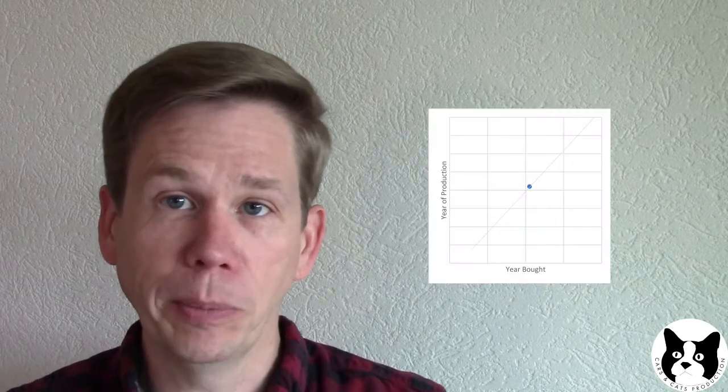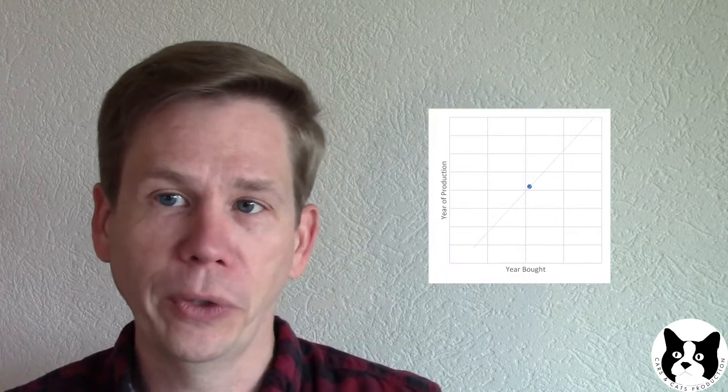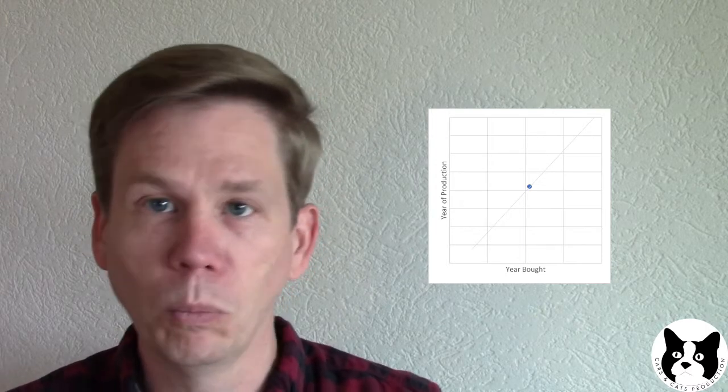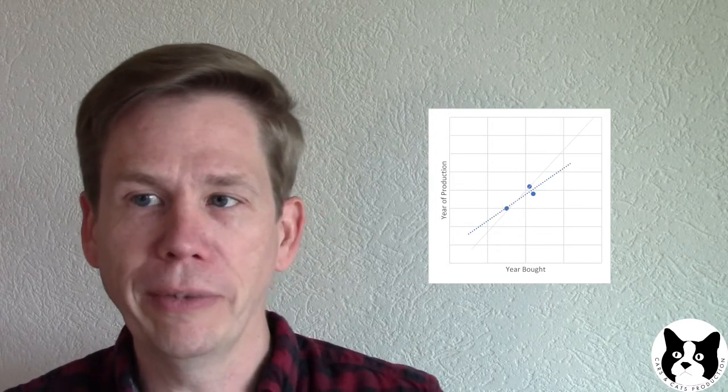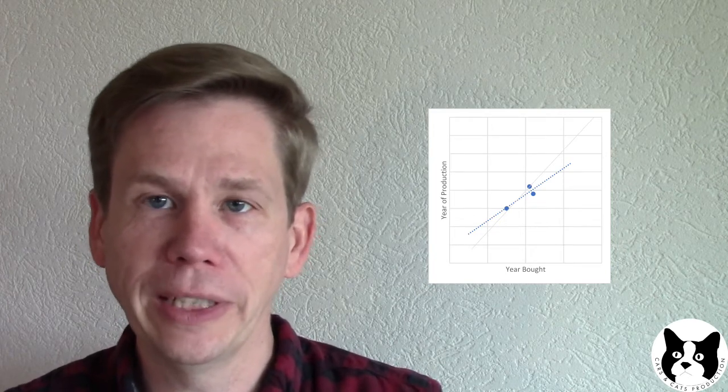So quantitative data particularly can be a little bit dangerous if you don't put it in context and you don't have that deeper understanding of the qualitative side. So if I take a single data point, I can draw any line I want through that, up, down, left, right, whatever. So if I have a few data points, I have a few choices of how I can draw my line still.